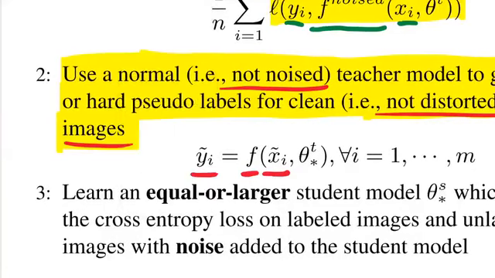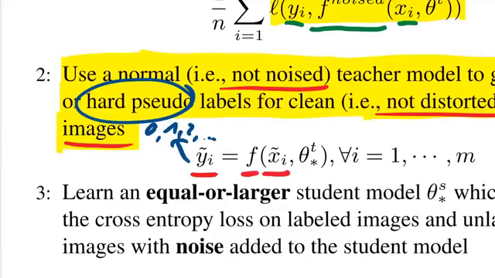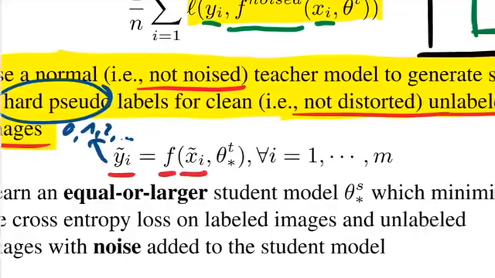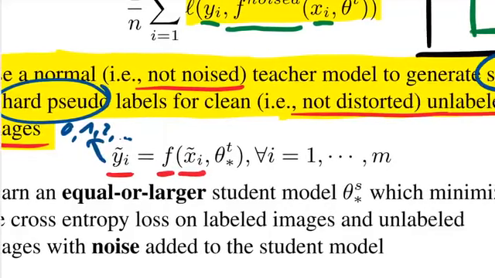So what does that mean? If we generate hard pseudo labels, that means that the y here is simply going to be either 0 or 1 or 2 or 3 and so on. So just the index of the class. Whichever class is most likely, that's going to be our label. This is exactly how the supervised data sets come, right? So this is what you'll think first when you see that. However, soft pseudo labels means that the y will be a distribution.